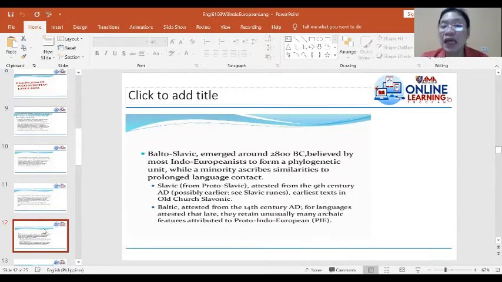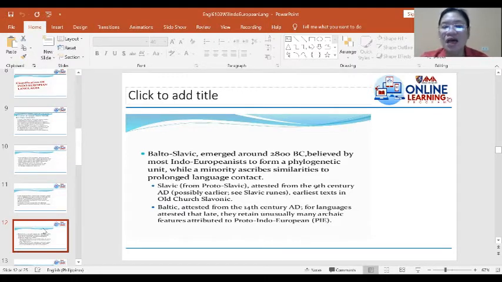This emerged around 2800 BC, believed by most Indo-Europeanists to form a phylogenetic unit, while a minority ascribes similarities to prolonged language contact. Now, Slavic is attested from the 9th century AD.